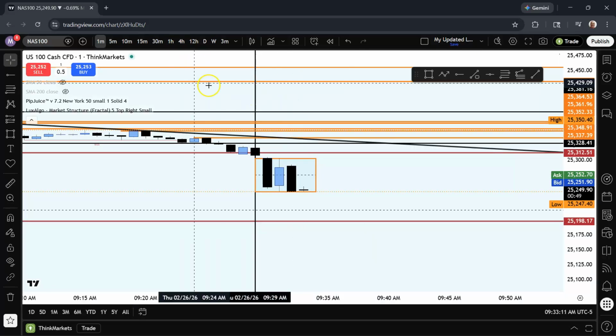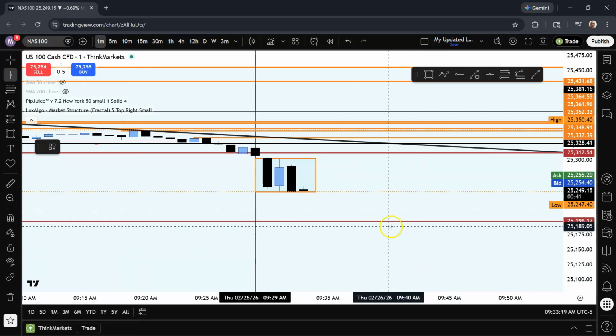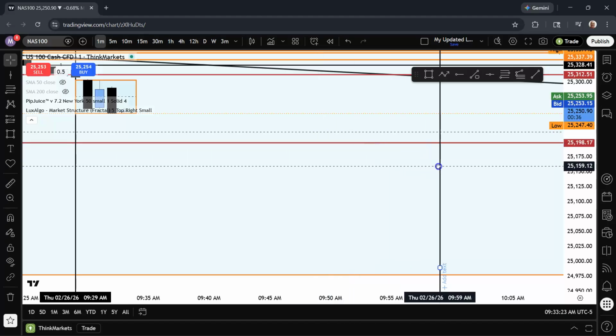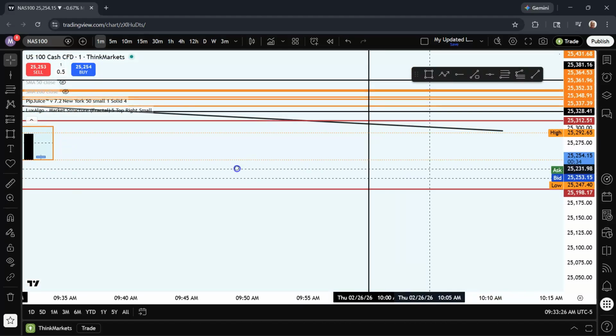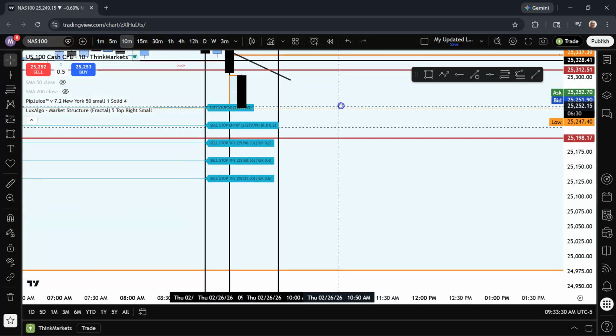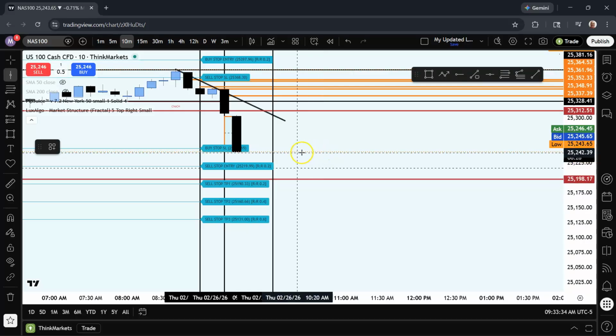Okay, so I'm gonna mark up my chart for 10 a.m. because there might be a trade at 10 o'clock. So 10 a.m. to about 11 a.m. and I'll be back to see if I can place a trade there.